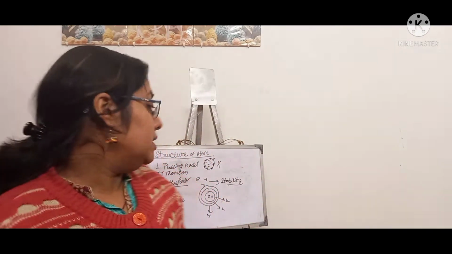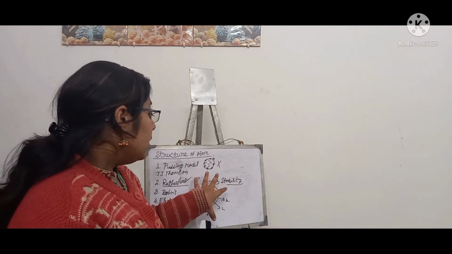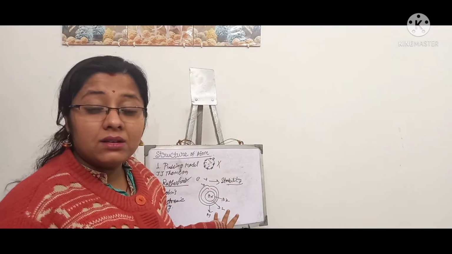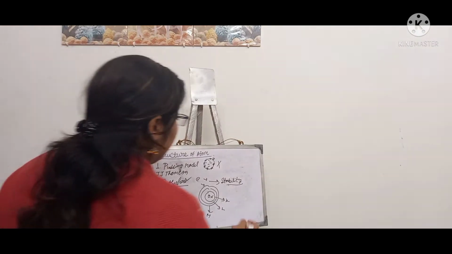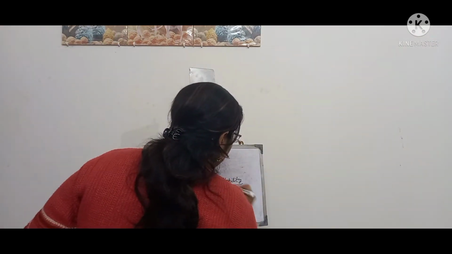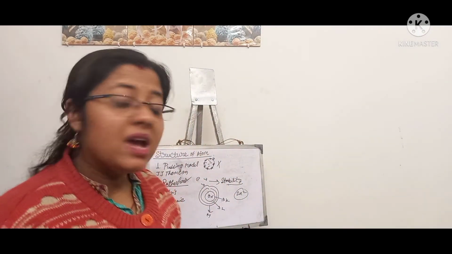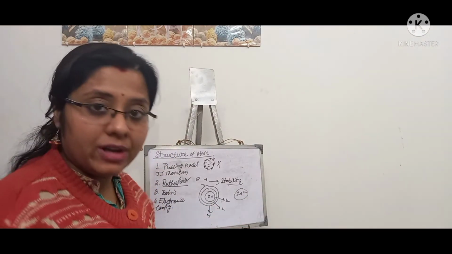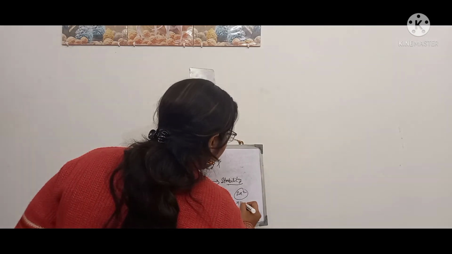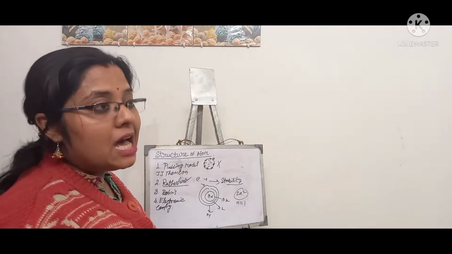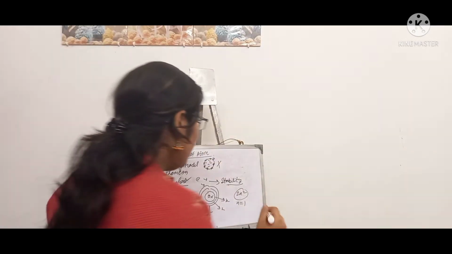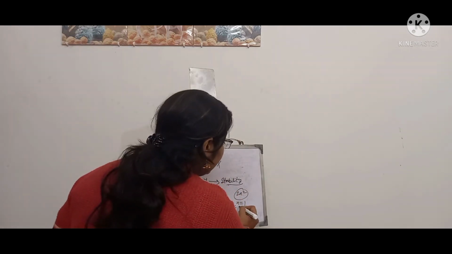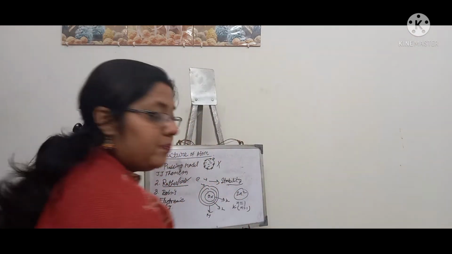Now, electrons are present in the orbits according to the formula 2n square. Here n means the number of the orbit or energy level. If I say n equal to 1, that means this is the first energy level, which I denote K. K means n equal to 1.